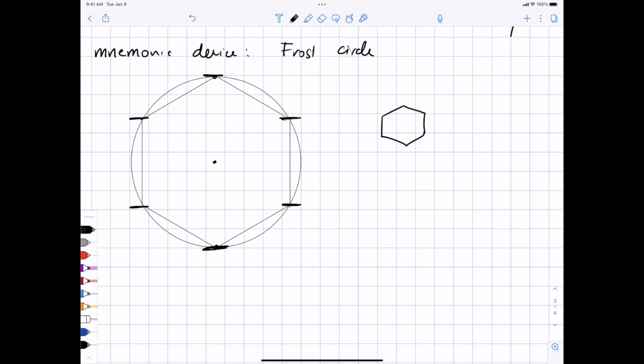If you find the midpoint of the circle and you draw a horizontal line, that horizontal line, which doesn't look that horizontal, but whatever, that's the zero energy point. That's the energy of a non-bonding p orbital.